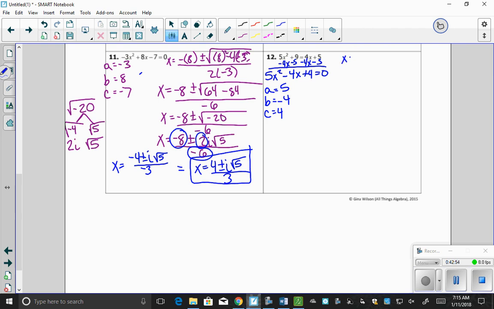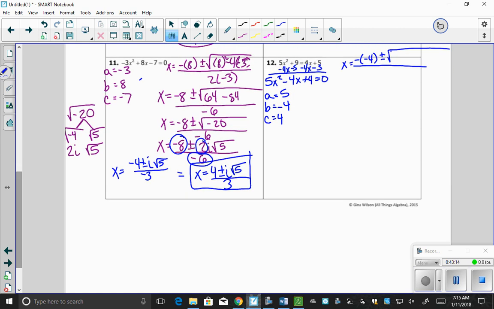So when you plug it into your formula, you're going to do the opposite of B plus or minus the square root of B squared minus 4 times A times C, all over 2A.